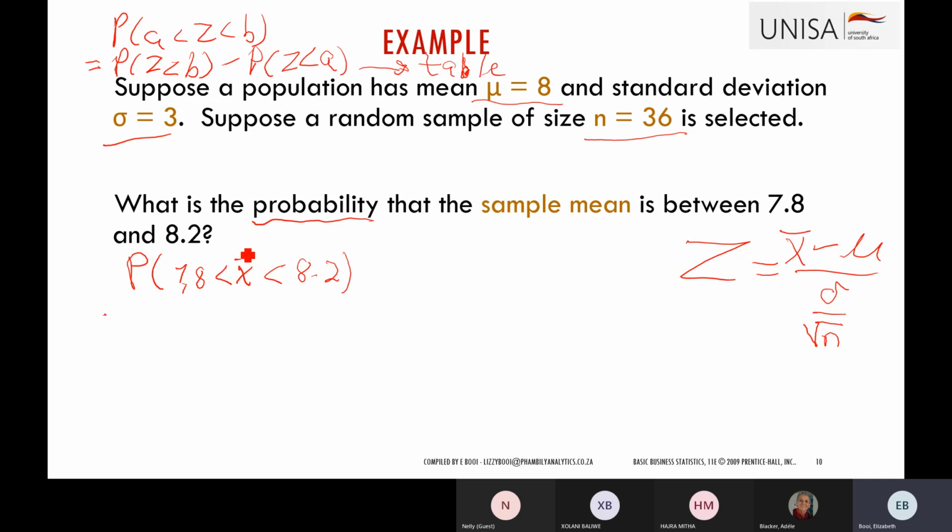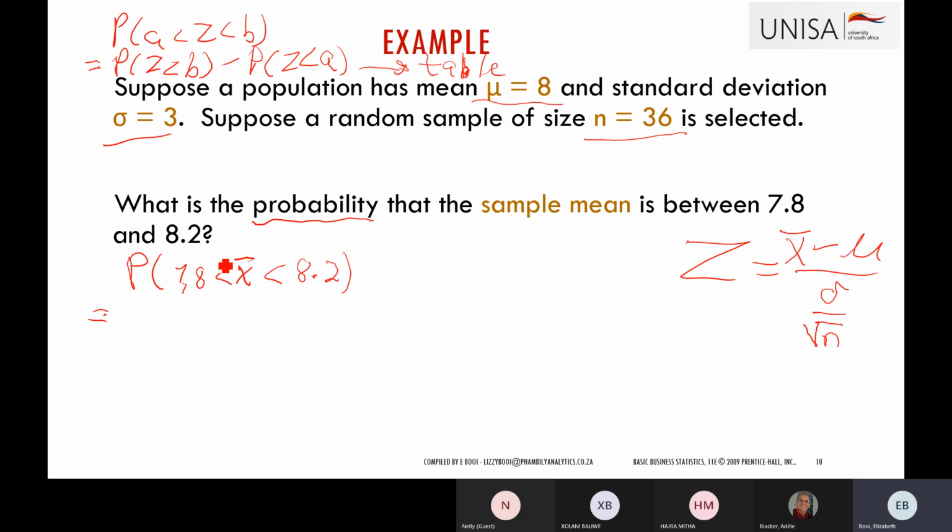So I can calculate the Z of 7.8 and then the Z of 8.2.